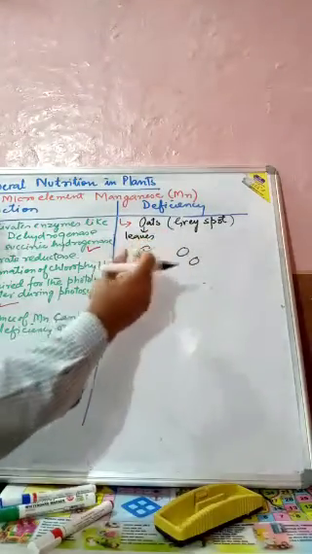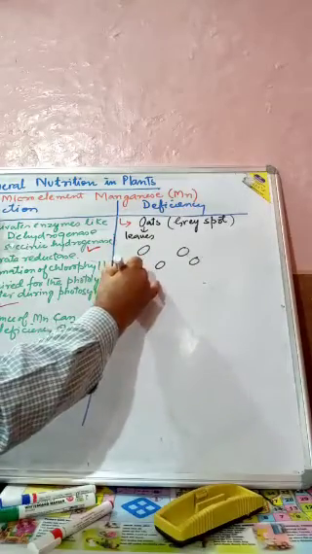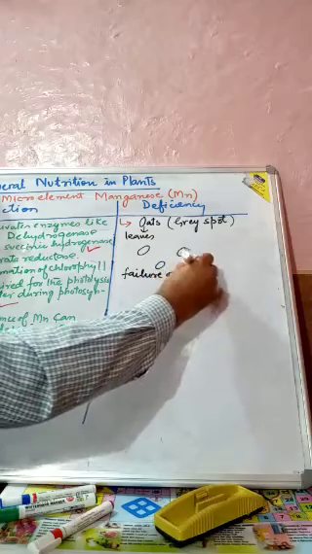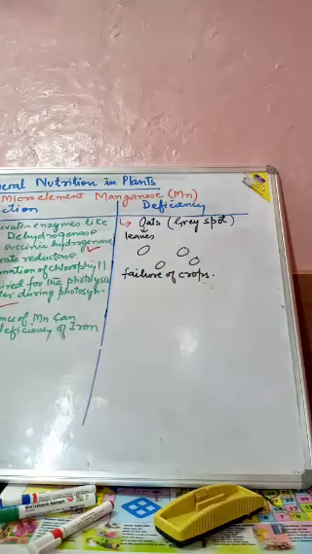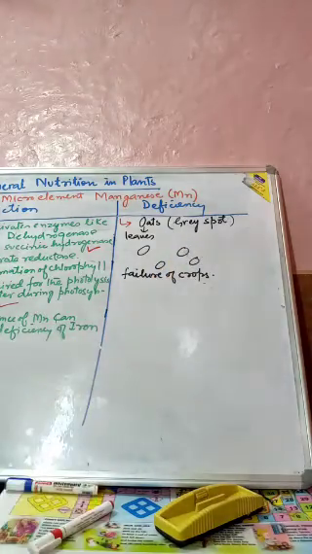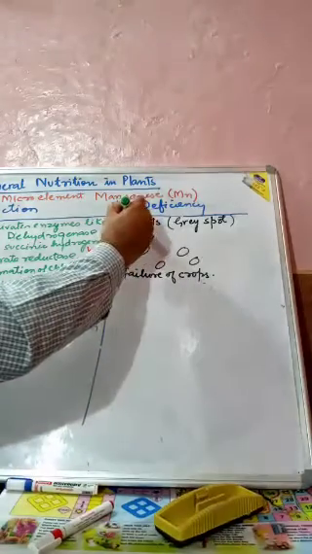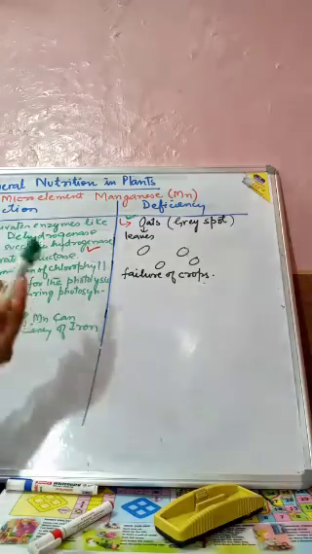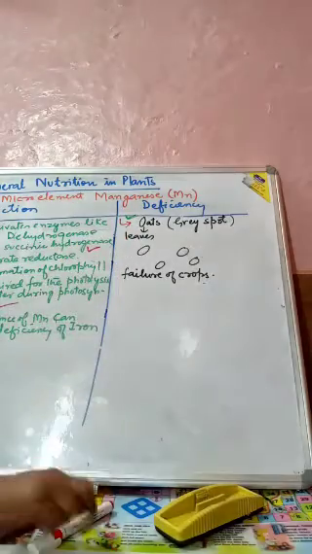If these gray spots are numerous in number, it can lead to failure of crops. This is very important. It is often asked in the exam: gray spot disease, where is it found? It is found in the leaves of the oats.